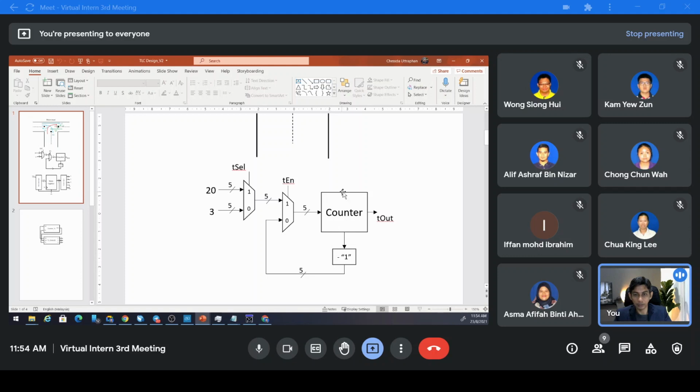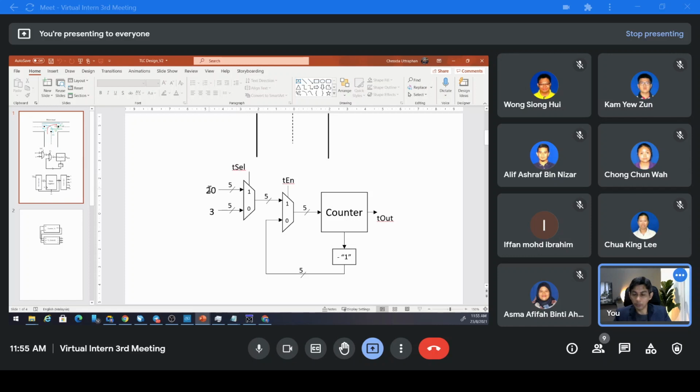So this is a counter. A counter is a register you can create using a finite state machine also, or just a register. You have something like this, a multiplexer here. The select input here we call T enable, and this one we call T select, which means we want to select the time.